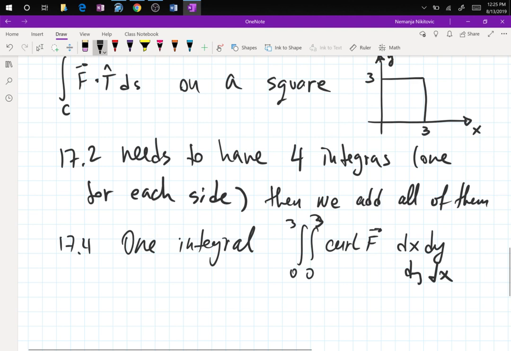Green's theorem, 1 problem. Green's theorem on a triangle that we had in a previous lecture, when I had that triangle, again, you would have to do 3 separate 17.2 integrals, right? Green's theorem would take care of that with one single calculation.